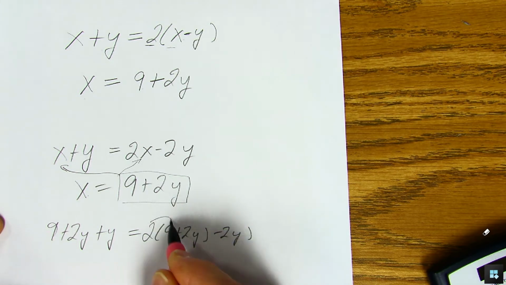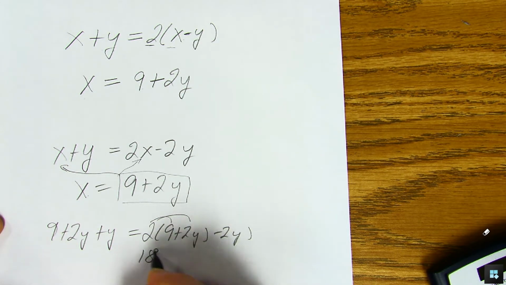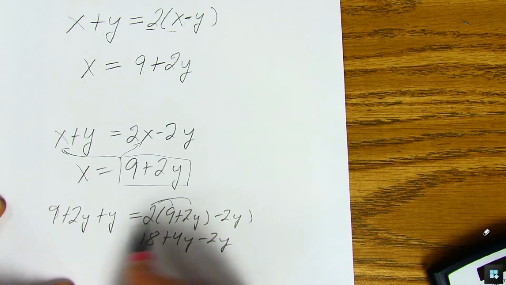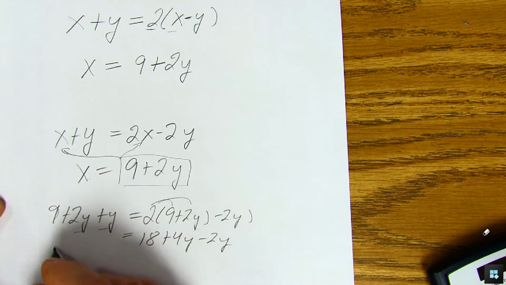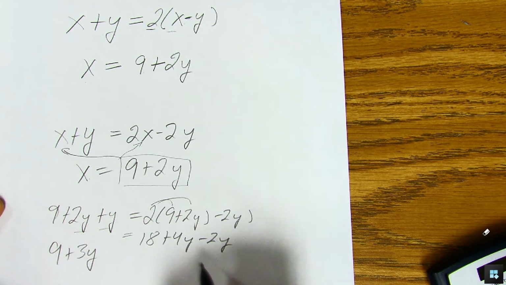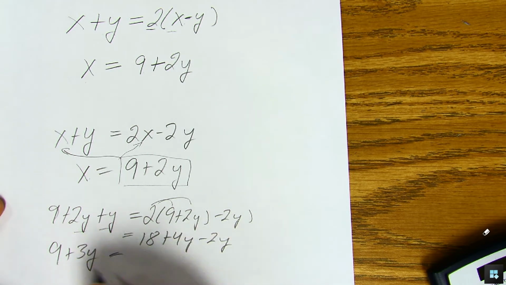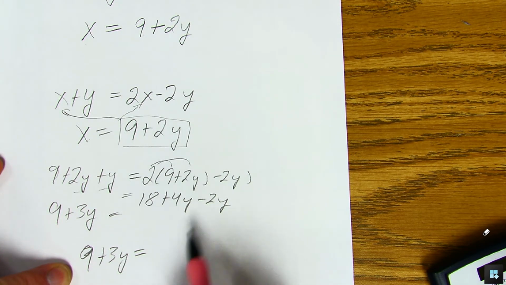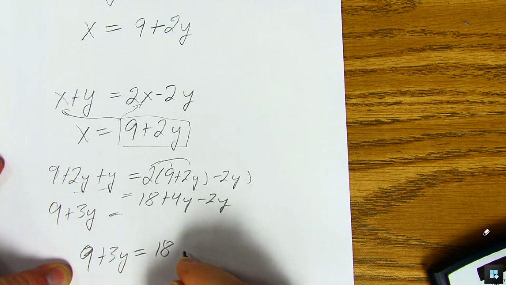So here I have to distribute in the 2, giving me 18 plus 4y minus 2y. Over on this side, I can combine the y's, giving me 9 plus 3y equals this. I then combine like terms here, which gives me 18 plus 2y.